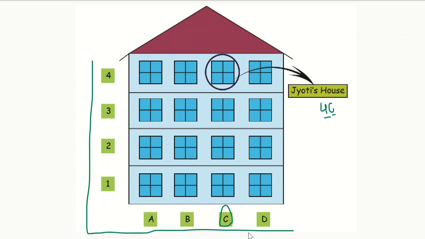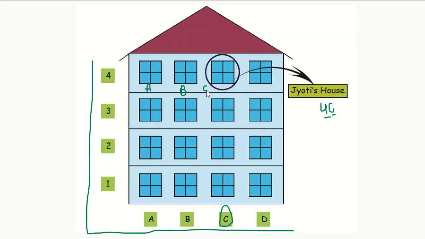Here you can see that this time we have divided all the houses according to the floors, and each floor has four houses. Again, these houses are identified by their house number. So here this is 4A, then we have 4B, and then we have 4C.